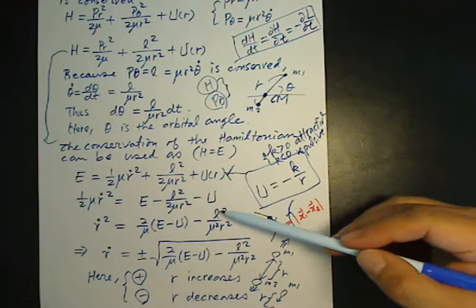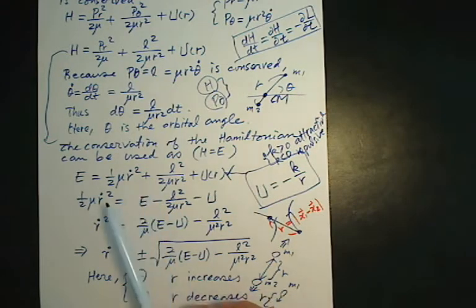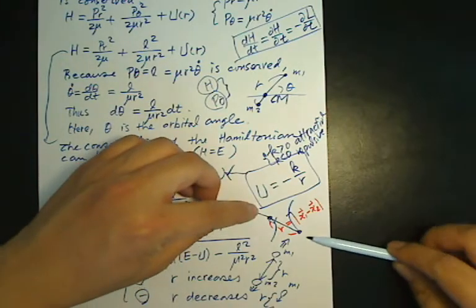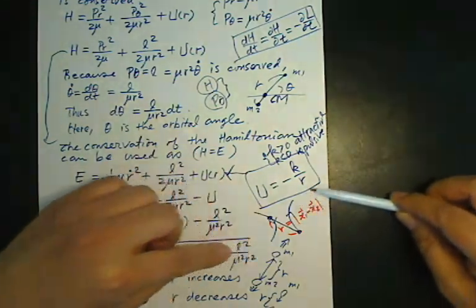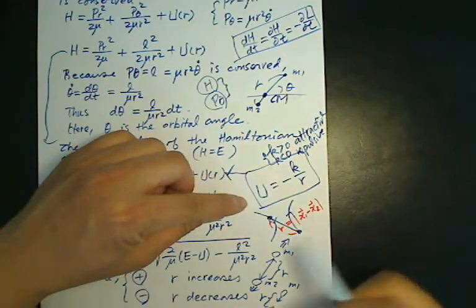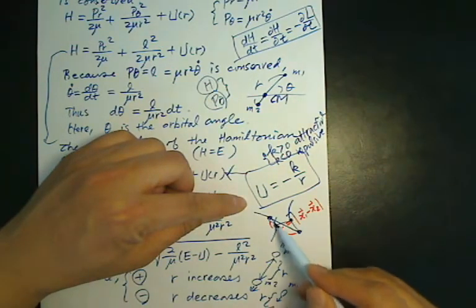Substitute U here. Now, r dot squared can be expressed in terms of this. If I take the square root, we have a positive or negative sign on it. Positive means r increases as time goes on. Negative means r decreases as time goes on. For example, two particles collide with a repulsive force until they reach r minimum.